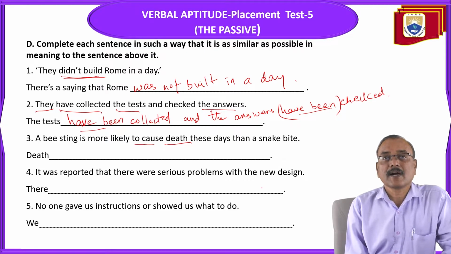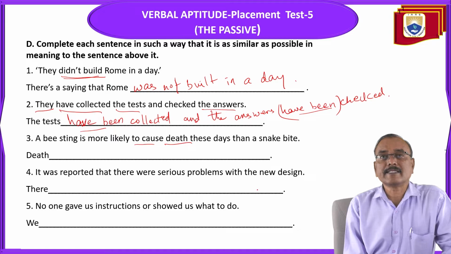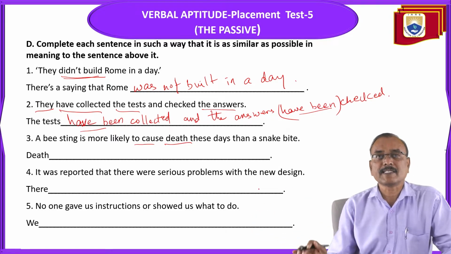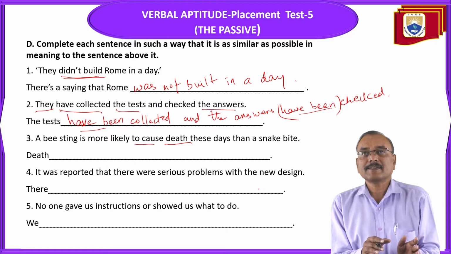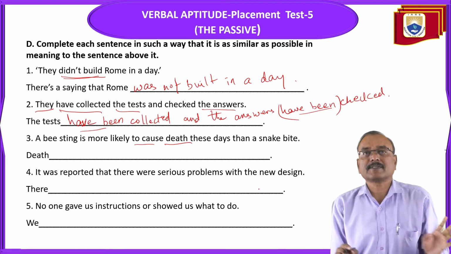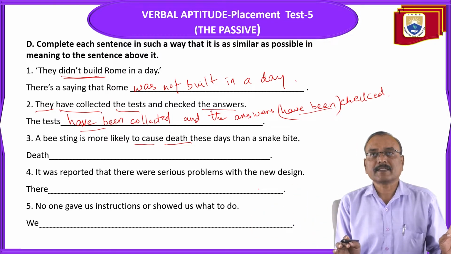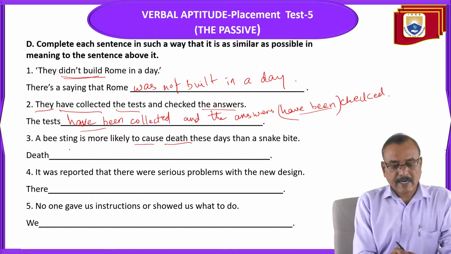We have to change to cause into to be caused. To plus V1 becomes to be plus V3 form in passive voice. Right? To plus infinitive, that is V1, becomes to be plus V3 in passive structure. Remember that. So write the same.